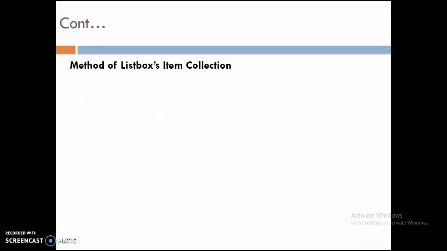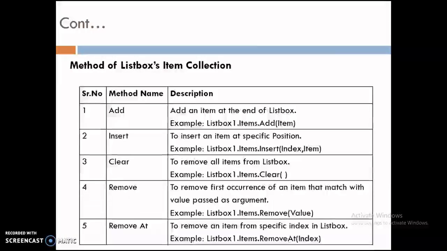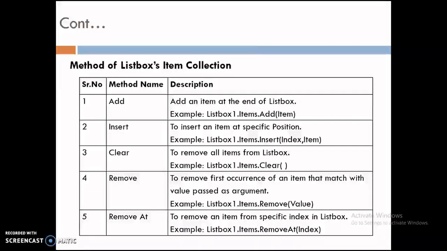Now next are methods of ListBox item collection. There are various methods which are used with the Items property. First method is Add, which is used to add an item in the list box control. This item is added at the end of list box and syntax is listbox1.Items.Add(item name).